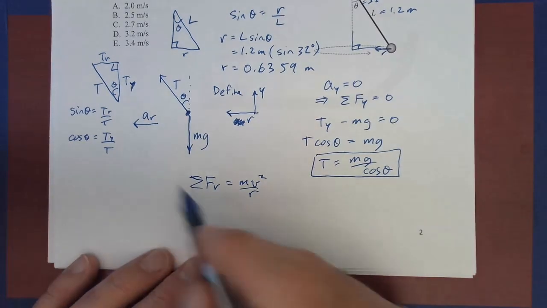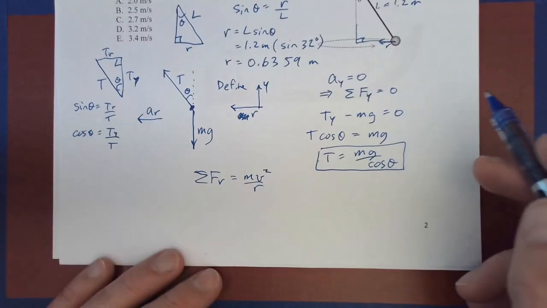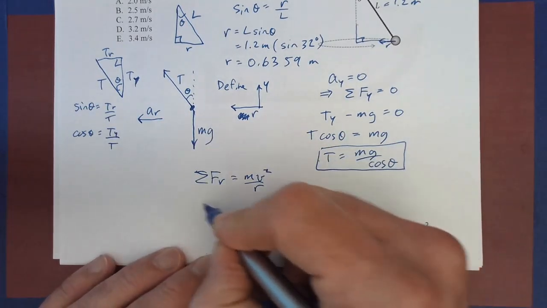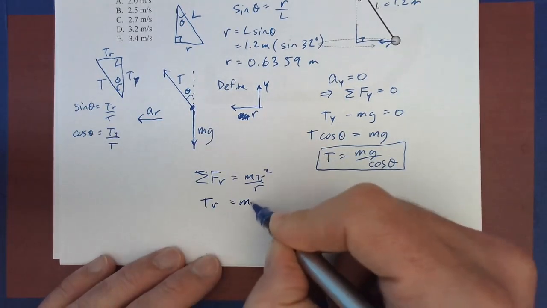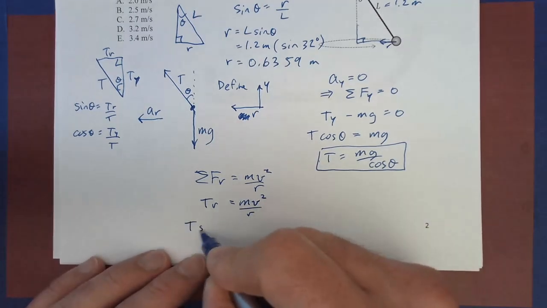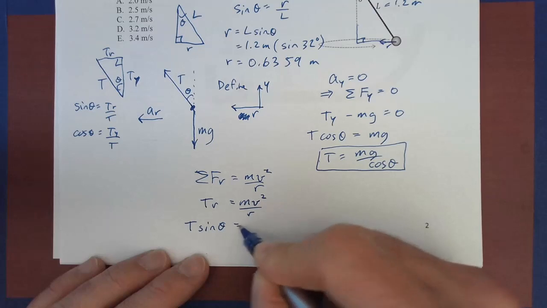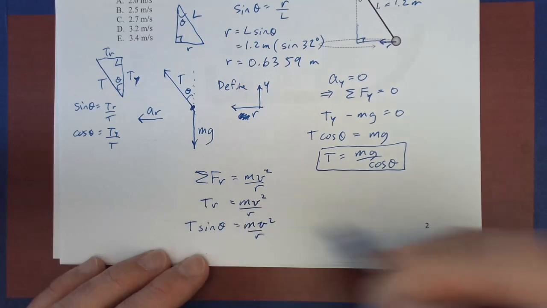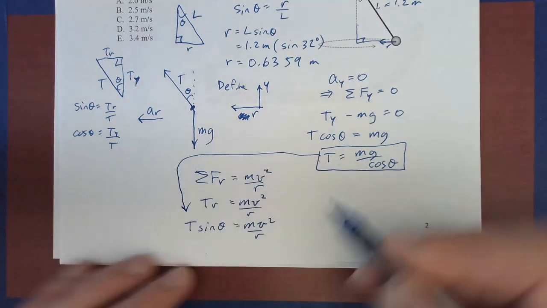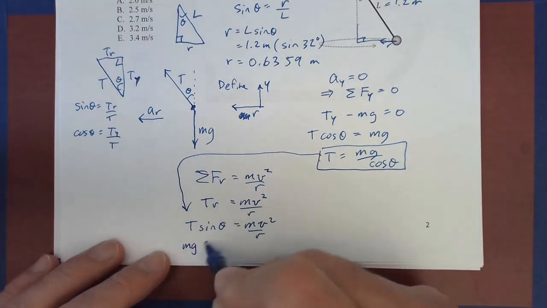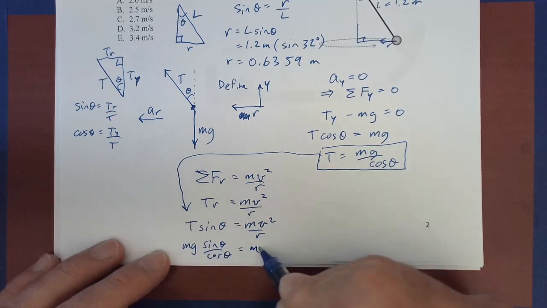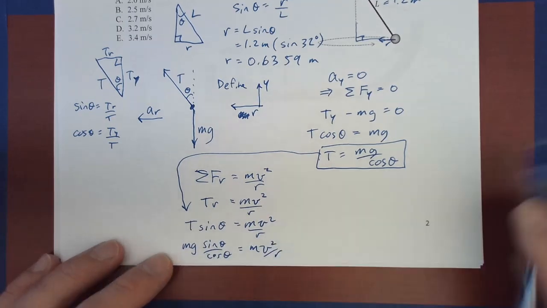So the sum of all the forces in the r direction, gravity just points in the minus y, so there's just this T_r. So you've just got T_r is equal to mv squared over r. From that triangle, it's T times sine theta equals mv squared over r. Oh, but we know tension from the y thing. So I've got mg sine theta over cos theta is equal to mv squared over r.